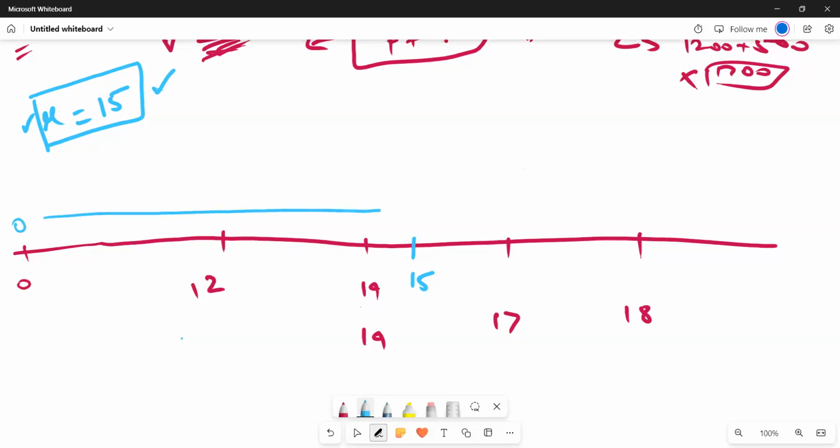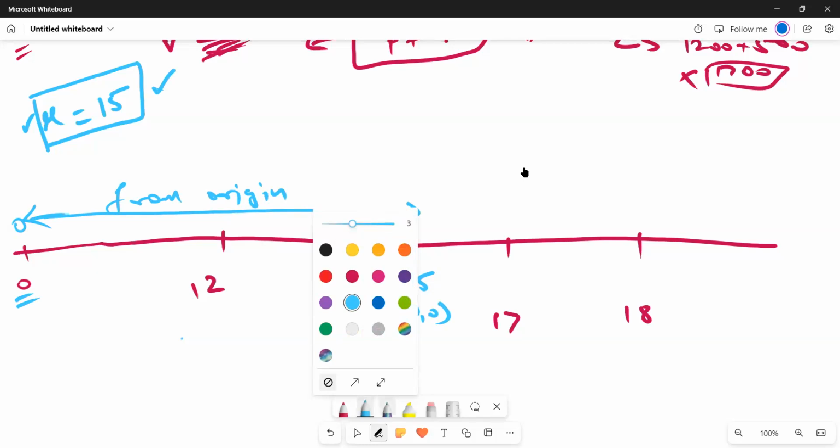This is 15 units from the origin, so nothing has changed. Now I need to shift the origin from here to here. I'll simply put it here, but I have to make changes in the data set itself. So let's have a look at how these changes are made in the data.